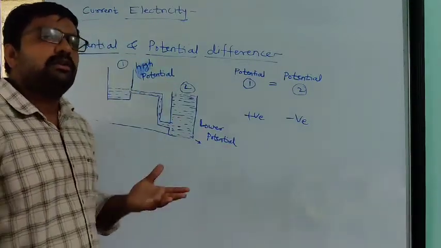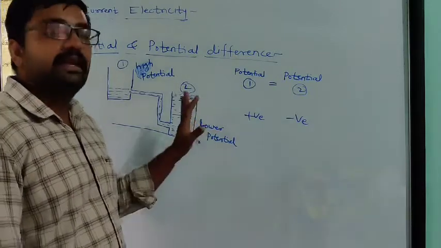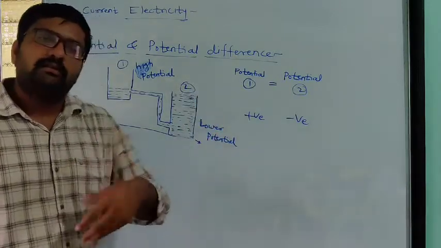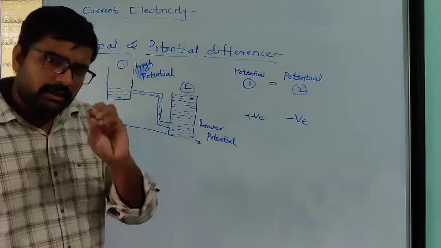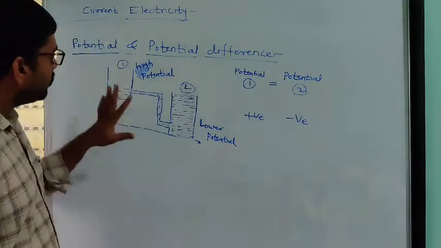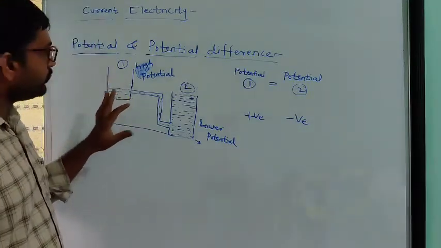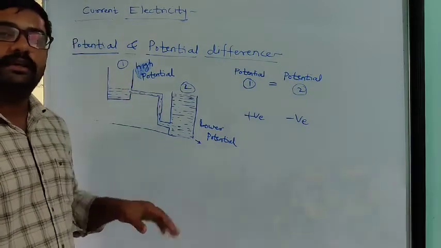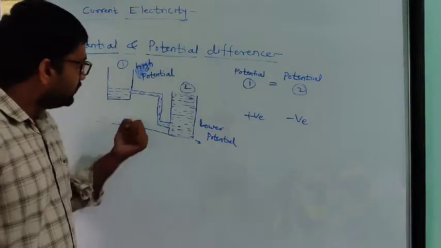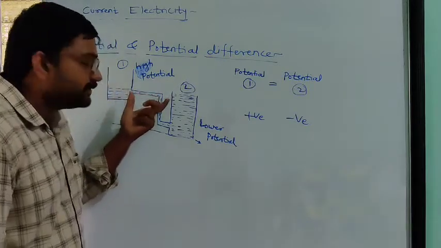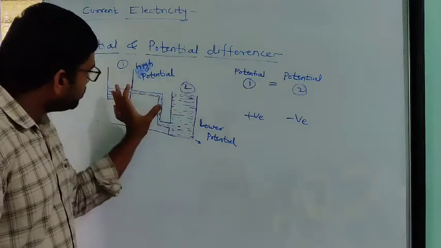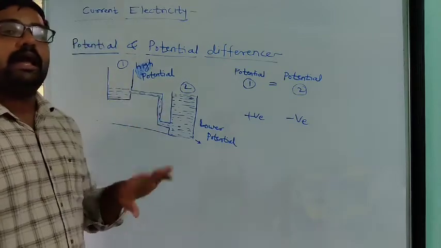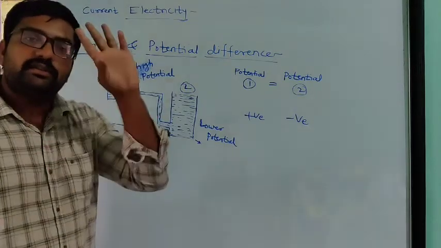How the transmission of these charges takes place in an electric conductor, we will study in tomorrow's lecture. But for today we have to remember only this thing, that water flows from higher potential to lower potential, and it continues till the potential of both tanks becomes the same. As the potential of both tanks becomes the same, the flow of water is stopped.